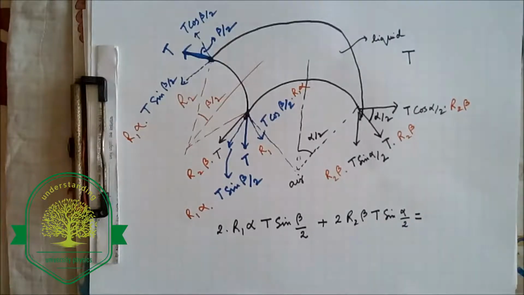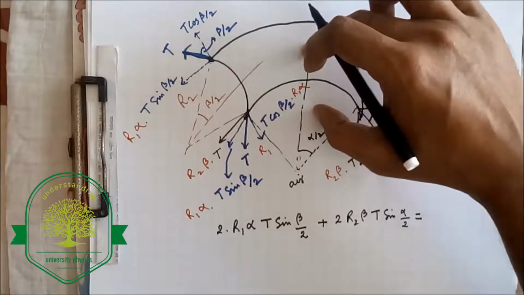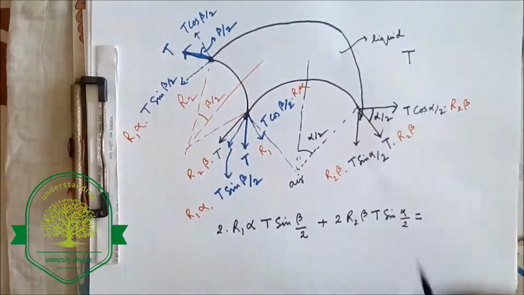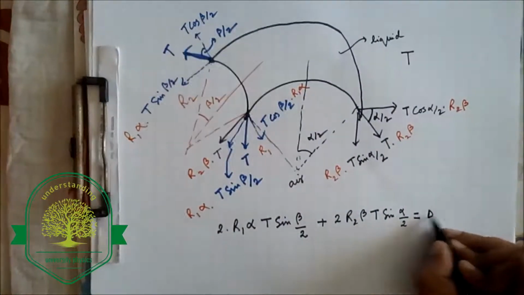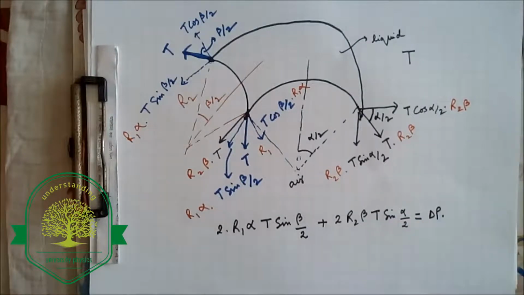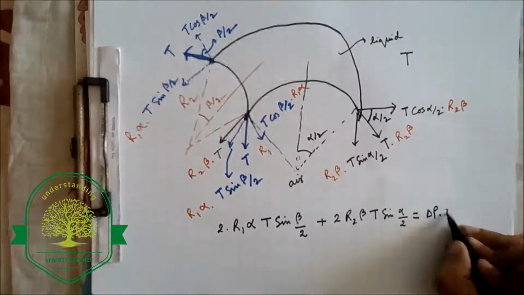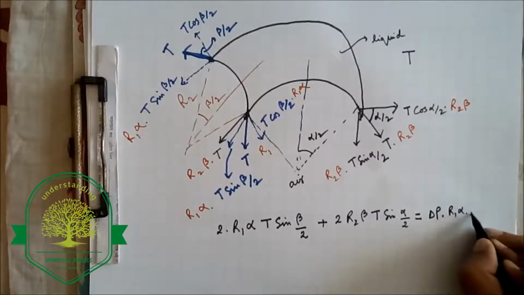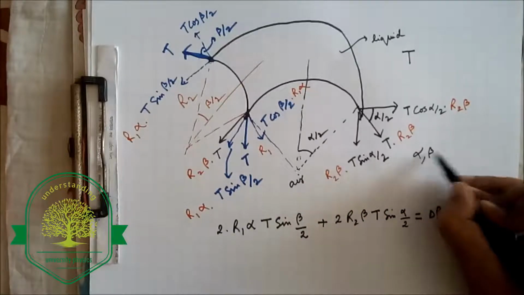This will have to equal the excess pressure between these two sides multiplied by the area to get the force. So if the excess pressure is delta P, the sides are R1 alpha and R2 beta, so the area is R1 alpha times R2 beta. Note that we are considering alpha and beta to be small.